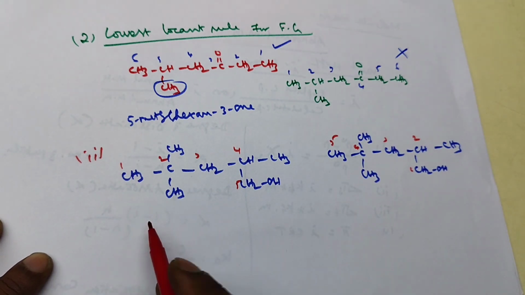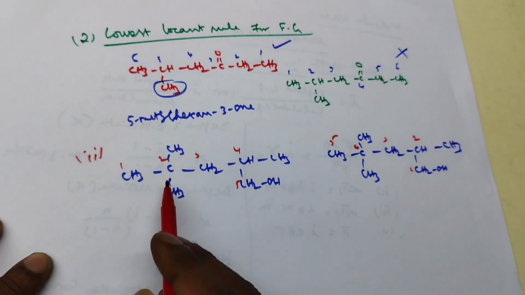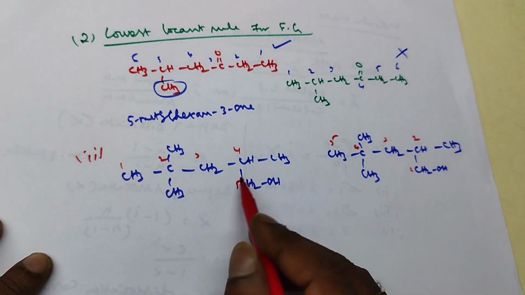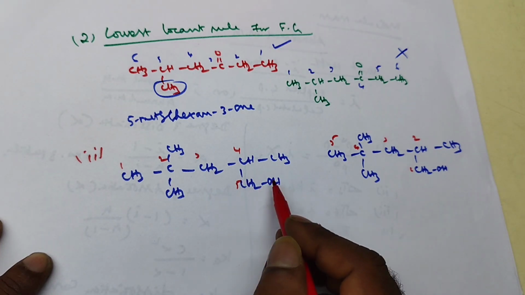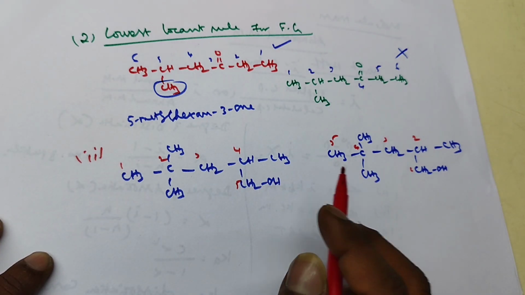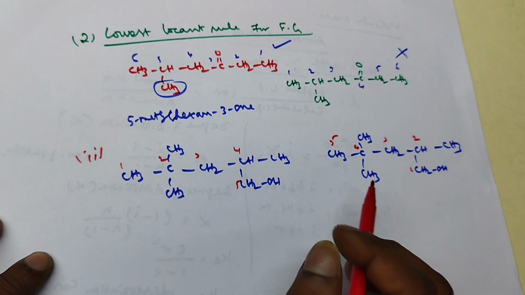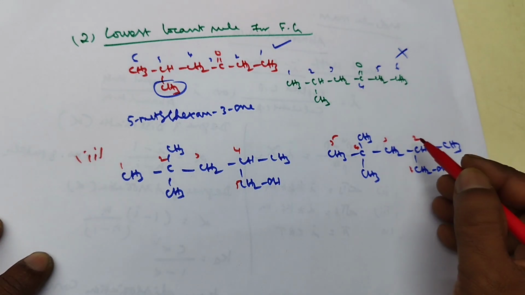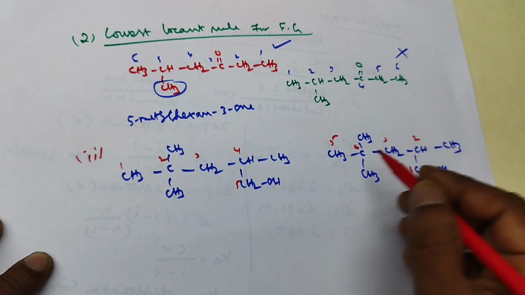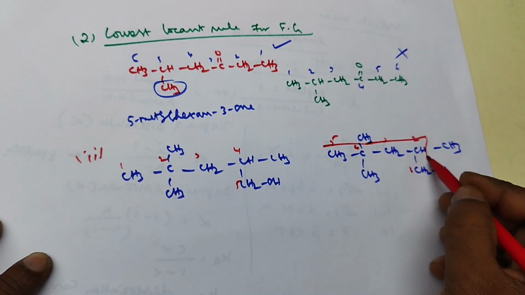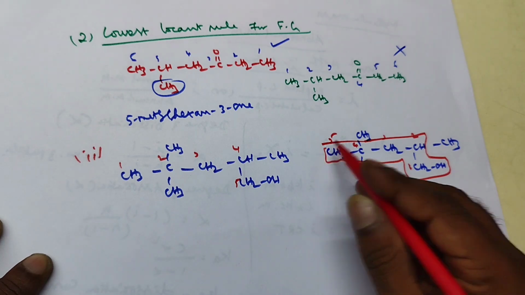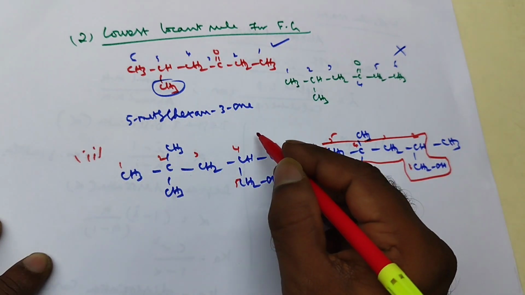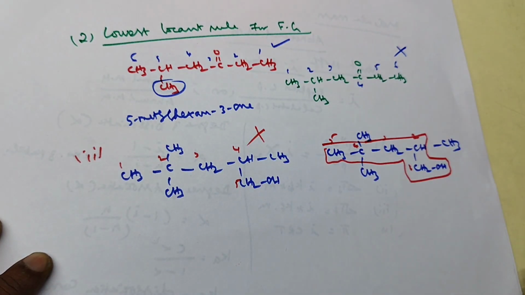The previous rule says give the lowest number to the branching side, but in this particular example we are not considering that. What does the rule say? You have to give preference to the functional group. So you have to start numbering from here, 1, 2, 3, 4, 5. This is the correct way of covering the main functional group, and this is the wrong way of giving the IUPAC name.